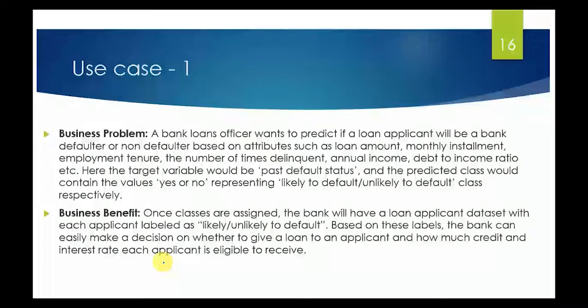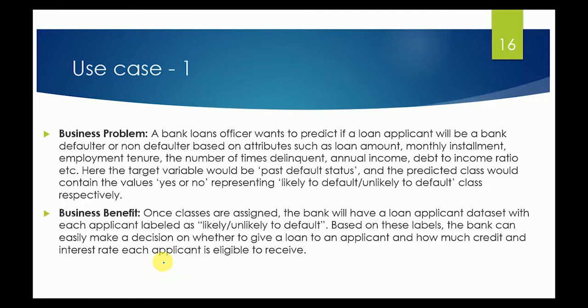So where can we use the naive-Bayes classifier? For a business problem, for example, a bank loan officer wants to predict if a loan applicant will be a defaulter or not.